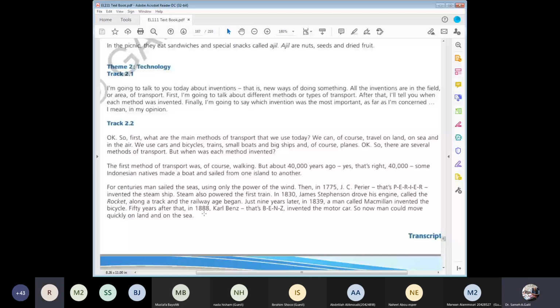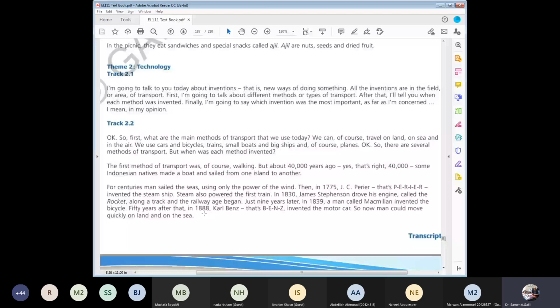Good. So "that is new ways of doing something" is obviously the definition of inventions. And this is an indirect way of saying "I mean."